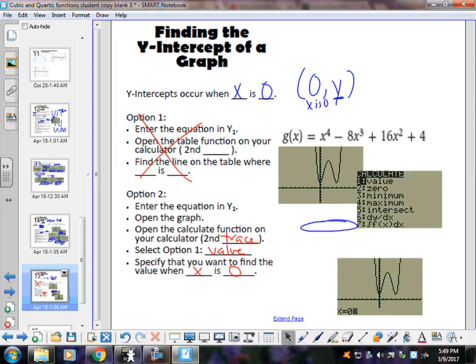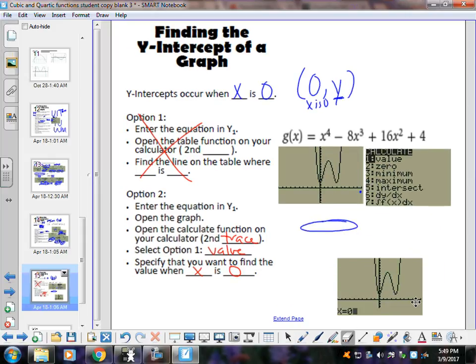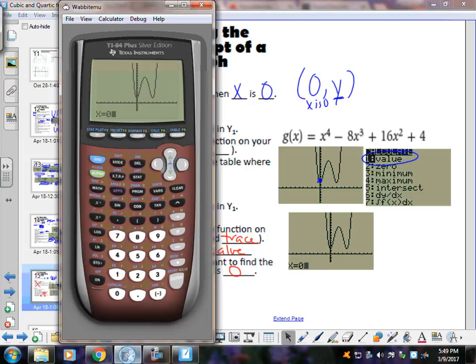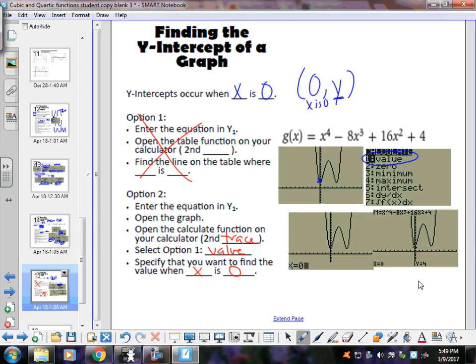So let me move these around a little bit. Sorry. All right, so now on my calculator, I'm going to hit enter because I entered 0, and it gives me my answer. So that's the easiest one. And so my y-intercept is 0, 4. And that's how you find a y-intercept.